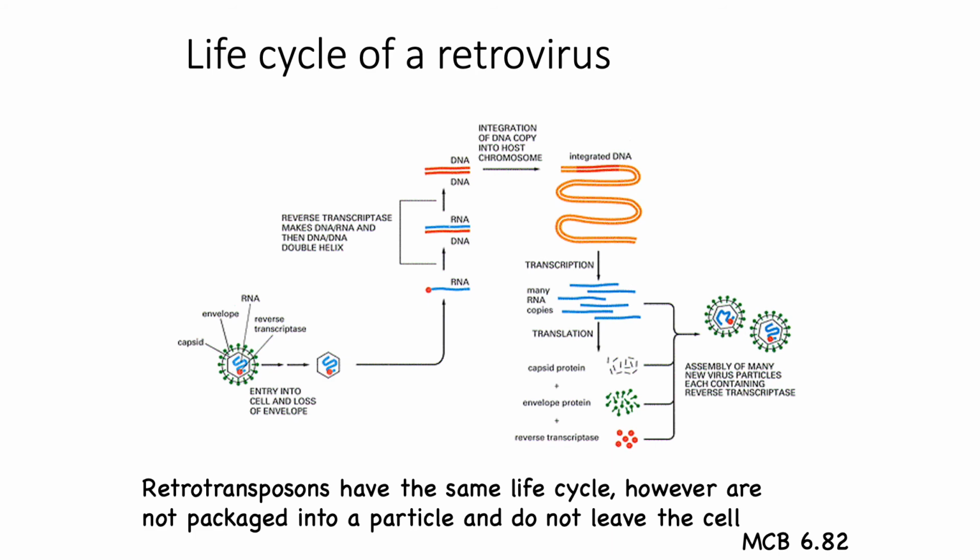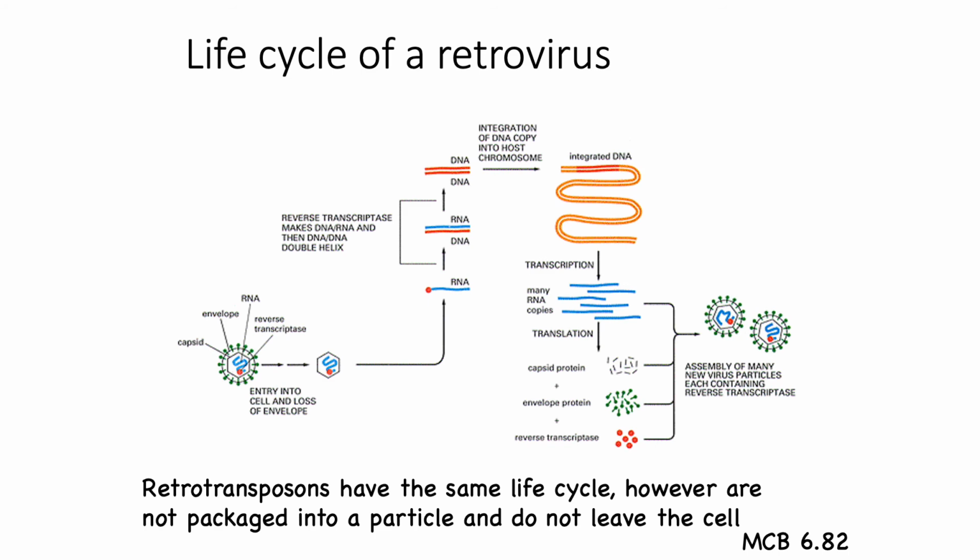Once it's done that, it can take that DNA strand shown in red and use it as a template to make the other strand. So now we have double-stranded DNA. At this point, it can be integrated into the host chromosome. Okay?